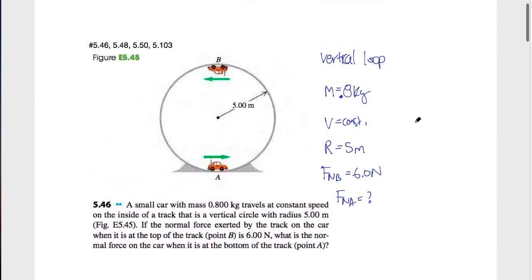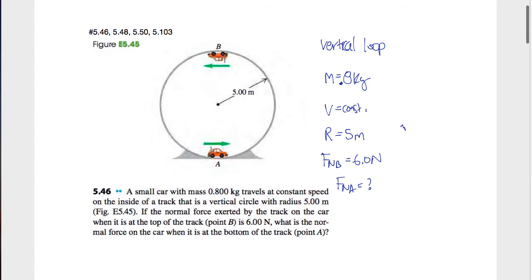In order to tackle this, I'm going to draw a couple of free body diagrams. We'll start with B. At point B, we have the force of gravity pulling down, and we have a normal force also pushing down on the car, because that is where the surface is in relation to the car. My sum of forces is really in the centripetal direction.